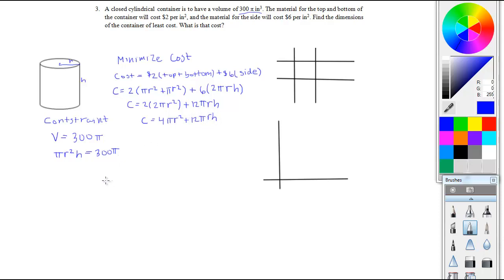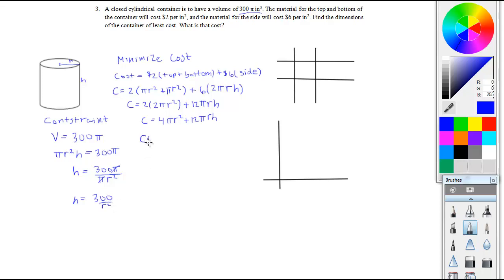So we are going to take this equation and solve it for h, so that we can get the constraint into the equation, and then we'll also get rid of the h in this equation. So 300 pi divided by pi r squared, the pi's cancel, so h is equal to 300 over r squared.